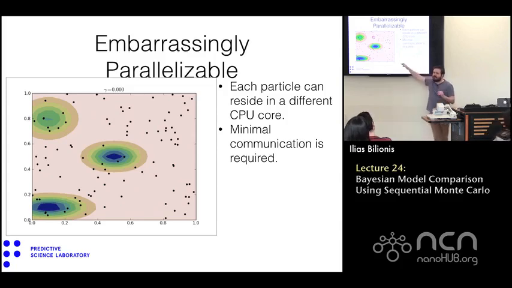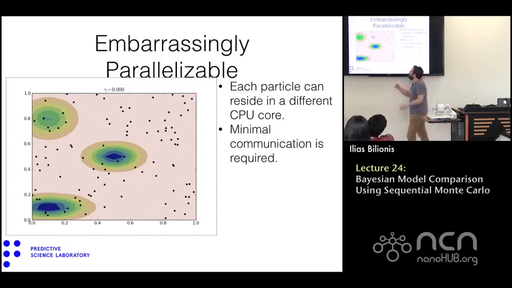Because you evolve them in parallel, and there is minimal interaction between the particles. There is some interaction every once in a while to get it right, but it's minimal. You can have each one of them on a different CPU, even though for this to work, the theorem says you need the number of particles to go to infinity.